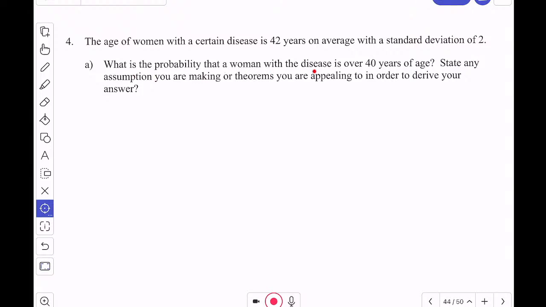What is the probability of a woman? So what I want to do is find the probability that a woman with the disease is over 40 years of age. And I have information here that X is distributed, and I'm not told that it's normal, am I?